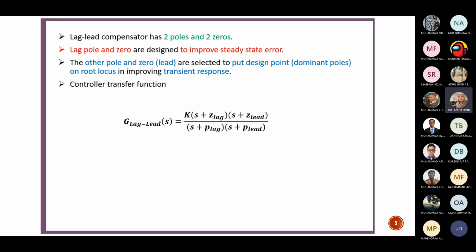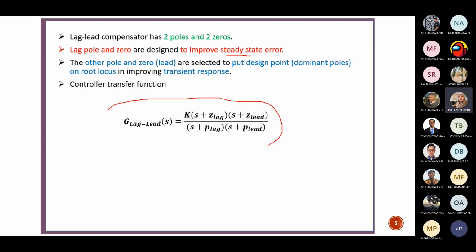From here, we can conclude that the lag-lead compensator has two poles and two zeros. The lag pole and zero are designed to improve the steady-state error, and the other pole and zero from lead are selected to put the design point's dominant poles on the root locus, improving the transient response.